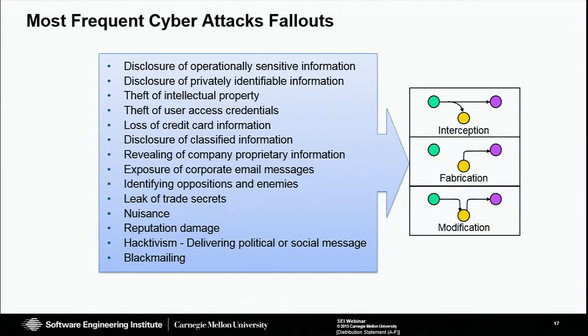They are often disclosure of personally identifiable information. They reveal some corporate messages. Maybe they cause some loss of credit card information. They are all primarily interception of information or fabrication or modification. These are things that we hear about all the time.